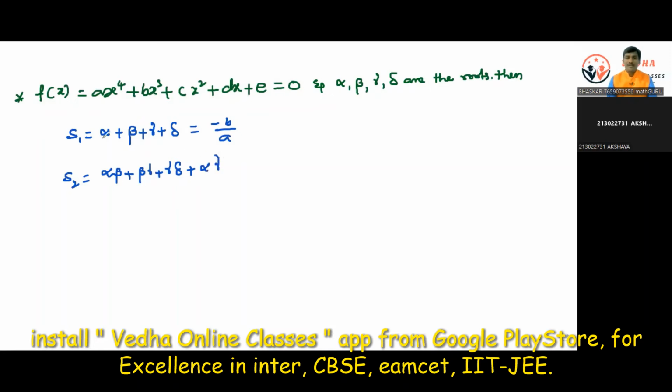Alpha delta not yet. Beta gamma completed. Beta delta, check once: not yet, so we have to write beta delta. Gamma delta completed. Gamma alpha already done, gamma beta already done. So this value is equal to c by a.